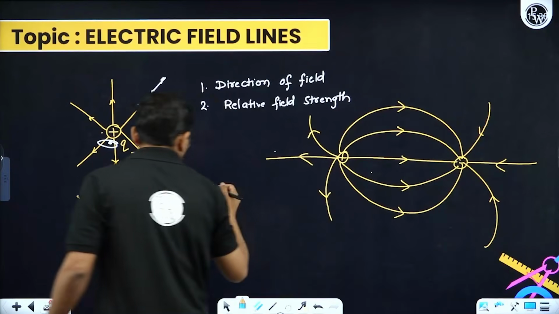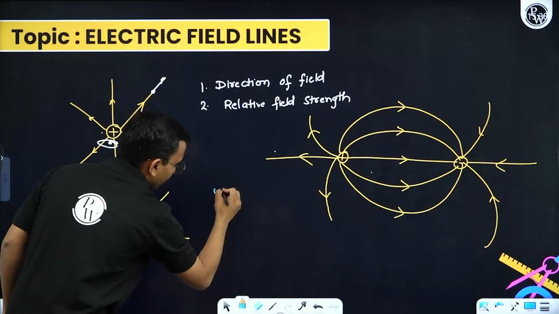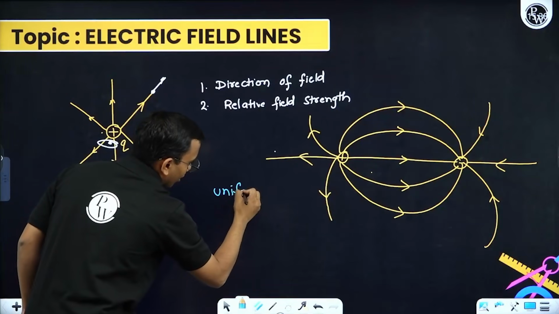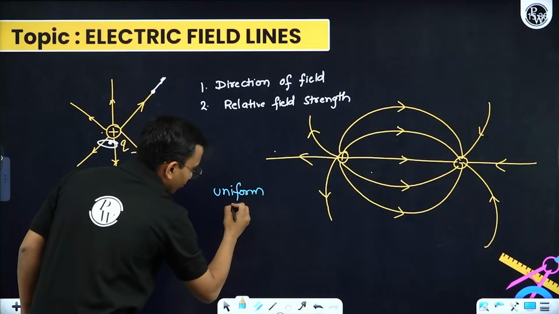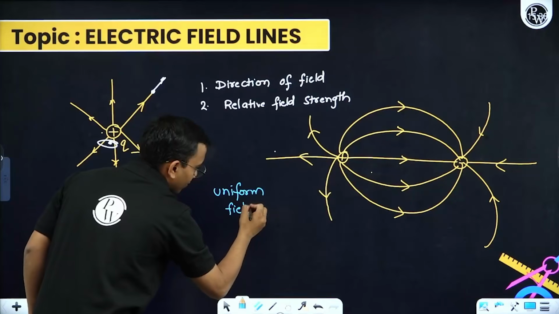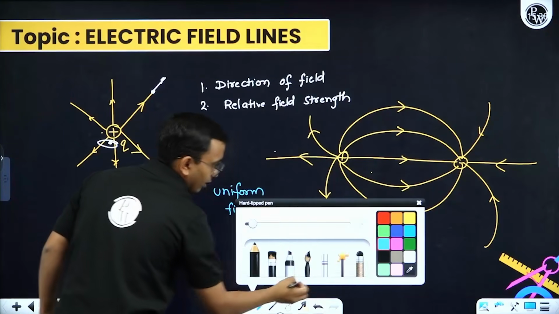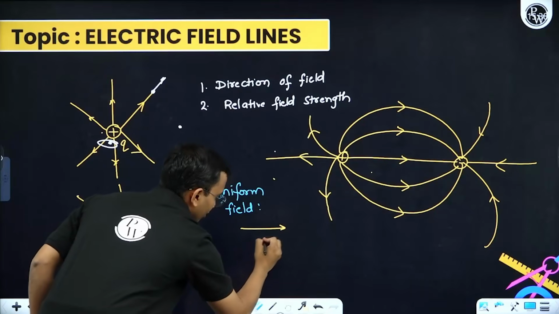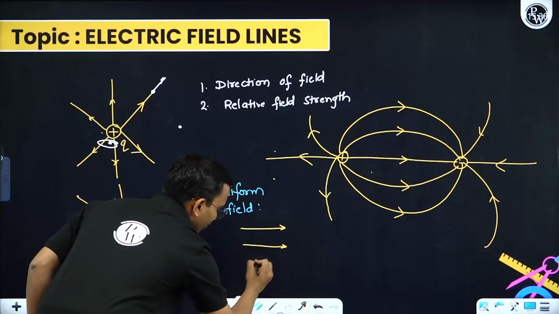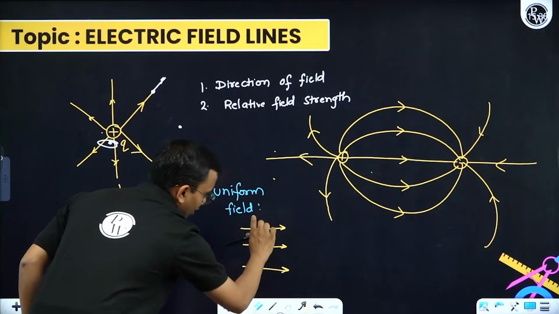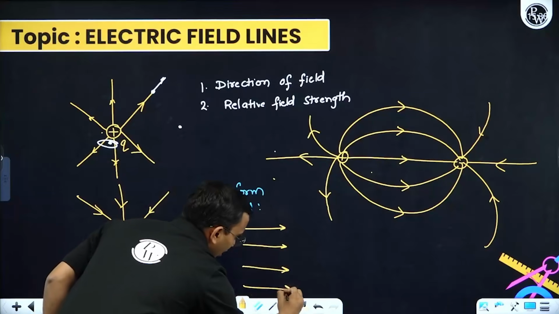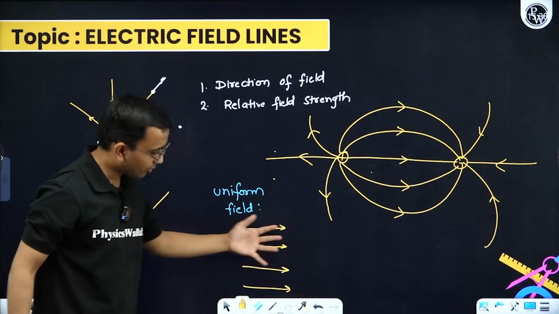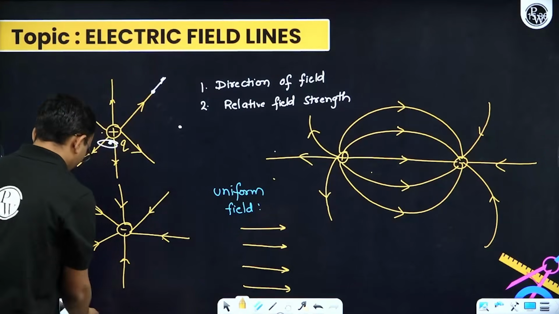So when we say uniform electric field, we show the electric field lines parallel like this. The separation is also the same, the length of this is also the same. This is how we represent the uniform one.